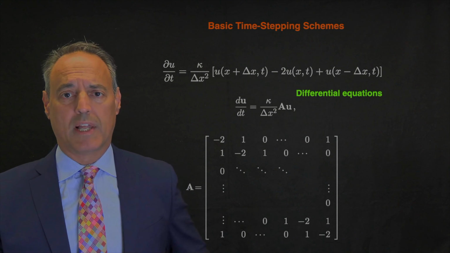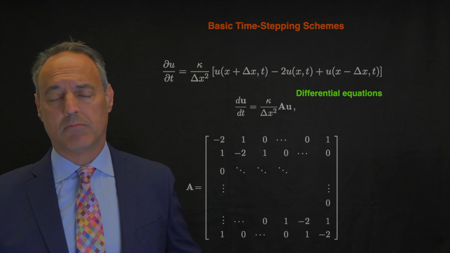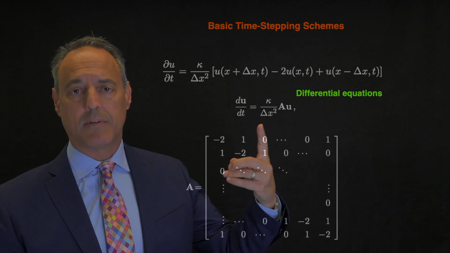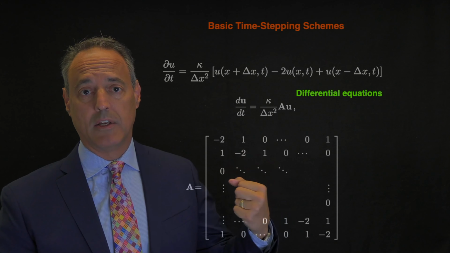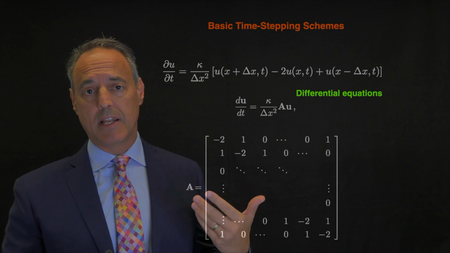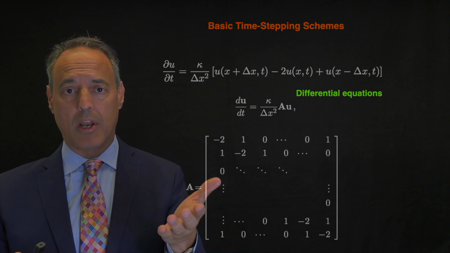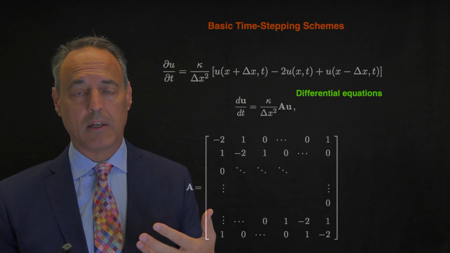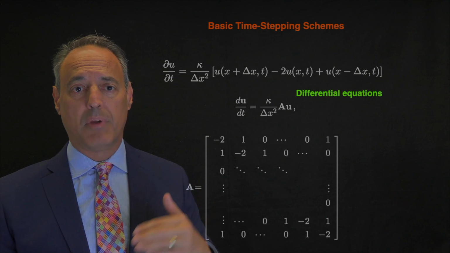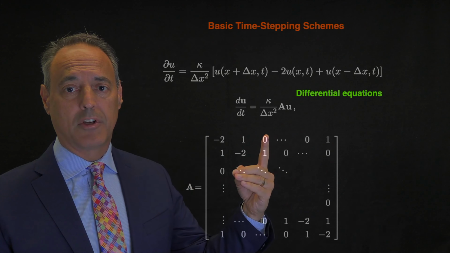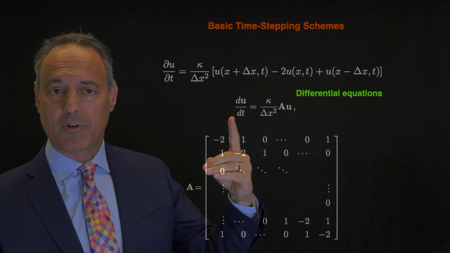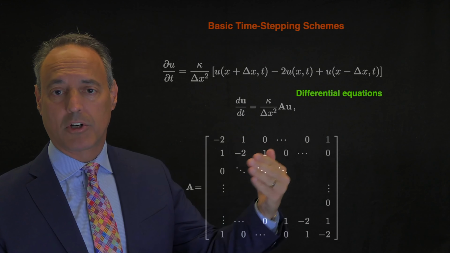So that's what you have in terms of this partial differential equation turning into a differential equation of size n. And the size n is just simply based upon how you discretize the size of your domain. Now, it turns out picking the delta x that you might have here has an enormous impact on the time step you're going to have to take when you march forward in time.